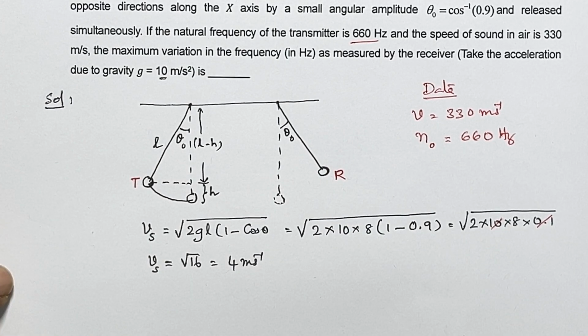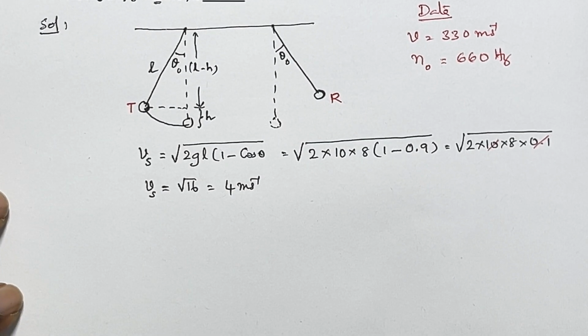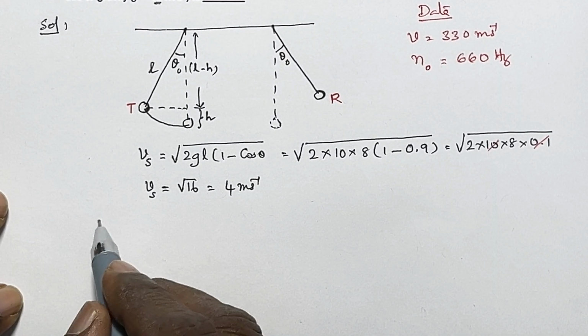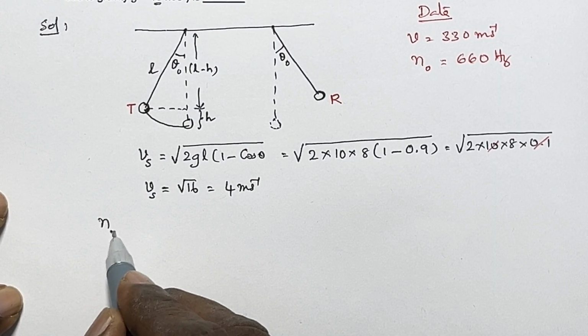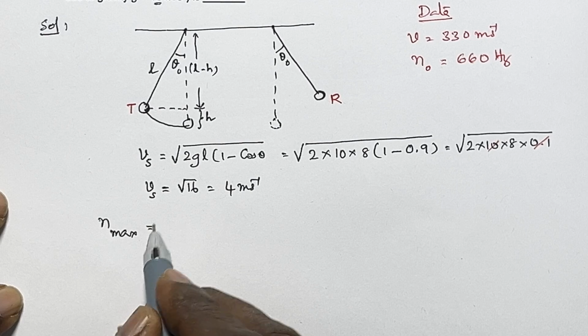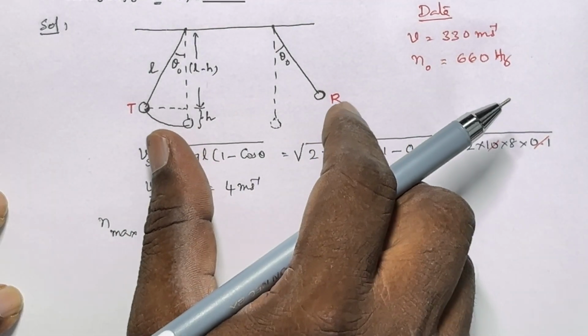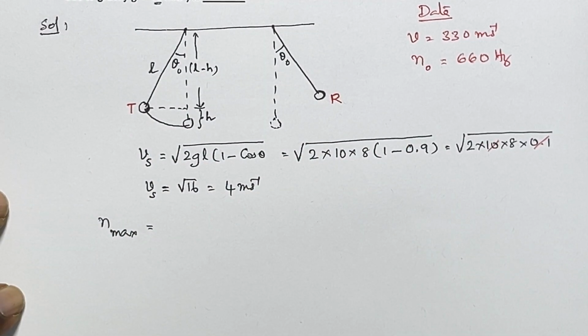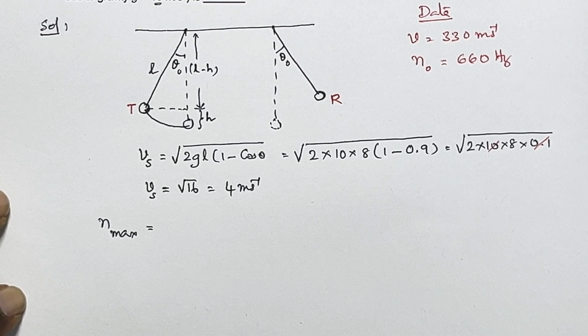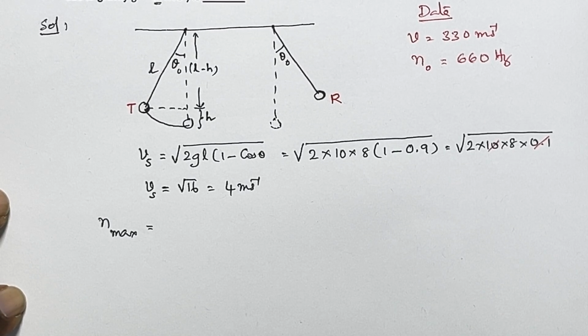So let us write the Doppler effect formula. First of all, the maximum frequency. When do we have maximum frequency? When the receiver and transmitter are approaching each other, in other words, when the source and the observer are approaching each other.